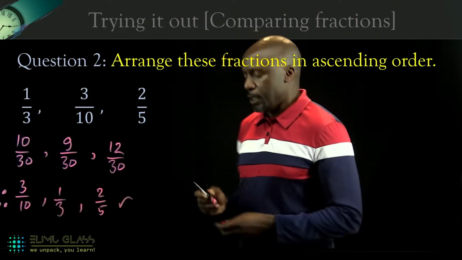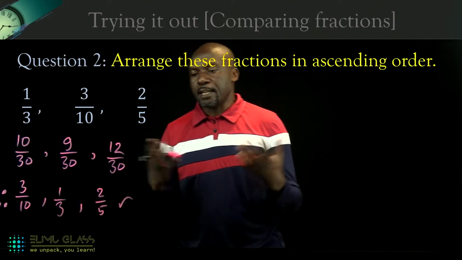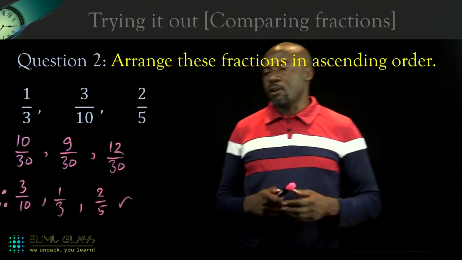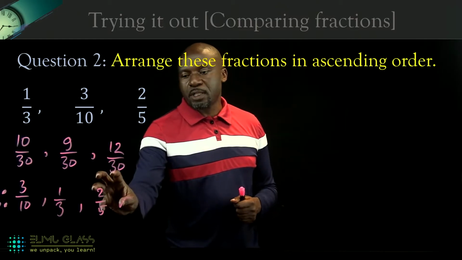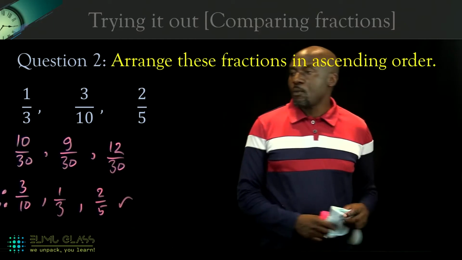So this is the correct arrangement of these fractions in ascending order. If we were asked to arrange them in descending order, then of course we start with the largest, followed by this, followed by that.